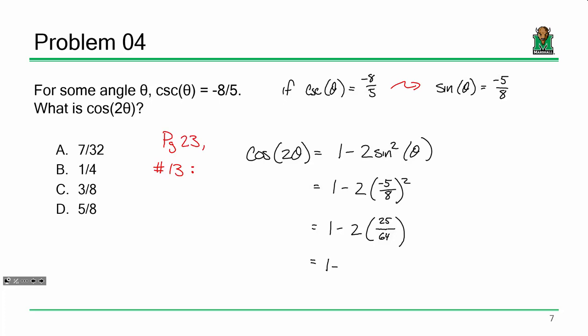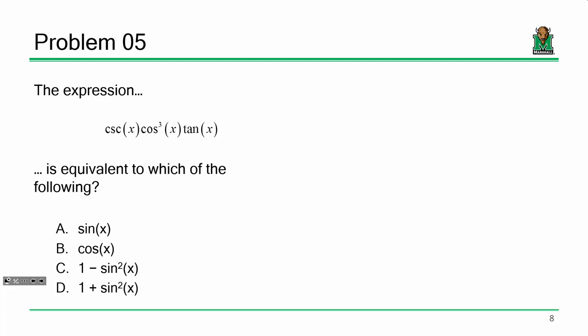So 1 minus 25 over 32, which is 7 over 32. Not too bad, right? Bringing it back. I know you've done stuff like this before. I know it's probably been a while. Sound good? We're rocking and rolling.